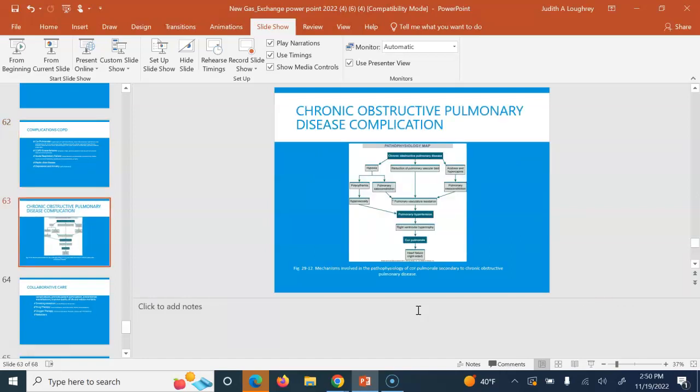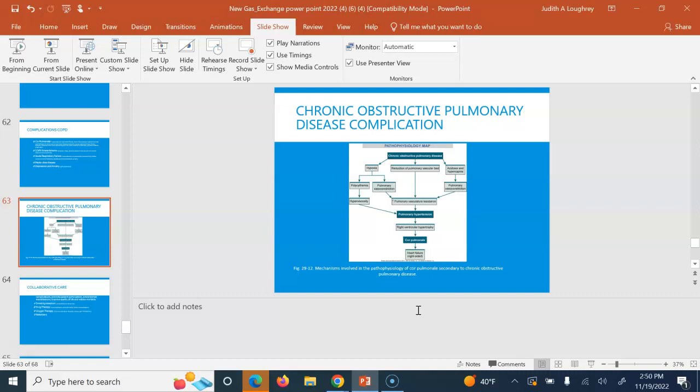Here is just the pathophysiology map that you can look at to see how this occurs and how it's a chain reaction and what leads to heart failure. If you look at chronic obstructive pulmonary disease, we see hypoxia over to the left, and we see acidosis and hypercapnia over to the right.